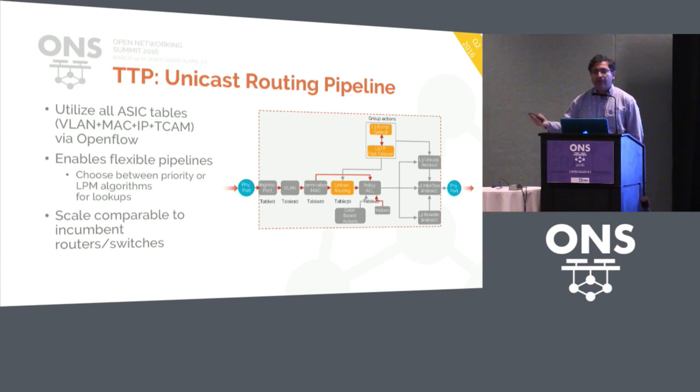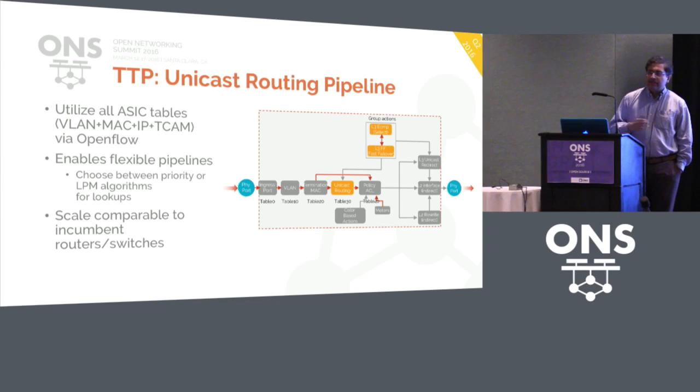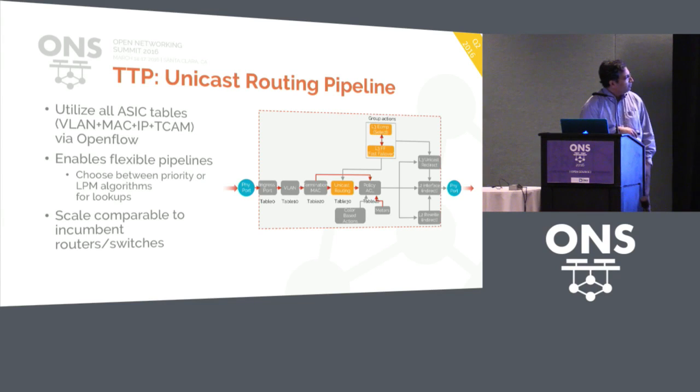So suddenly your OpenFlow application could pretty much behave like a traditional routing implementation using the same ASIC. And the real good part is that this does not require any enhancements to the ASIC. This is just a software layer. So just by introducing a TTP concept within your network infrastructure using OpenFlow, you are able to leverage the scale capabilities, the traditional routing lookup capabilities for an OpenFlow or an SDN-based application, right?